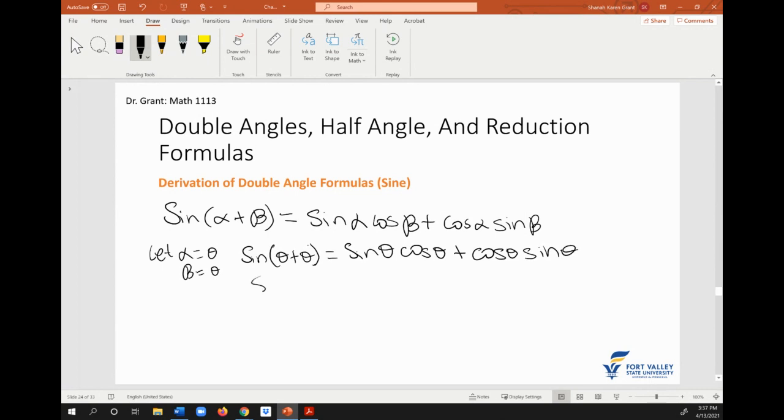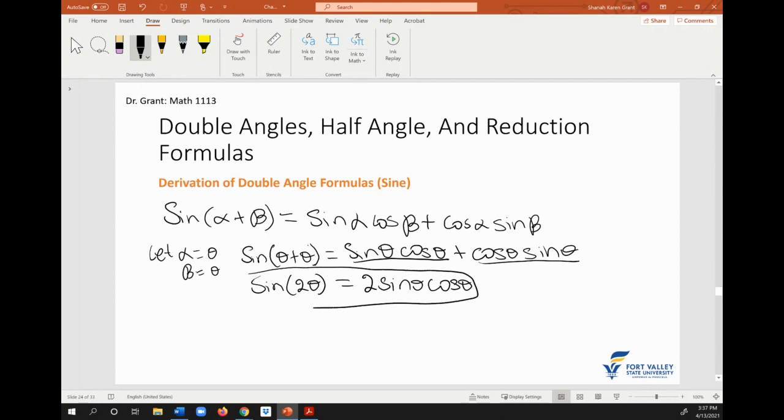If we simplify, this is really sine of 2 theta, which is equal to sine cosine of the same angle. So this is going to be 2 sine theta cosine theta. And this is going to be your double angle identity for sine.